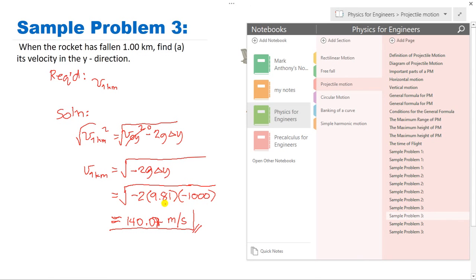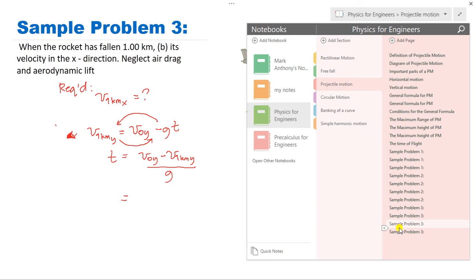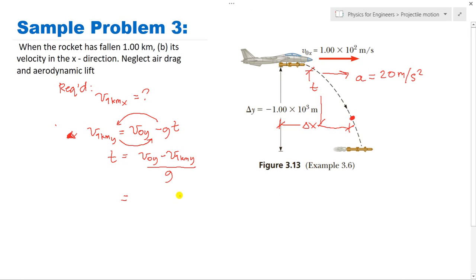So ito, 140.07 meters per second. Downward siya, class, ha. So 140.07. So plug in, since we don't have initial velocity along y, this is 0. So we have negative times negative 140. So bakit ko nilagyan ng negative? Kasi downward.